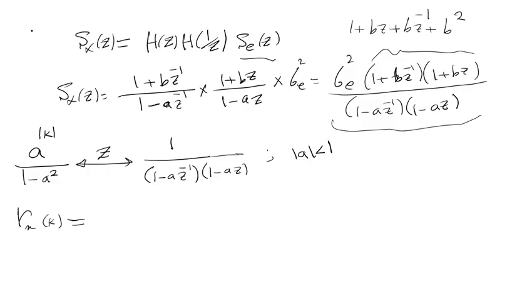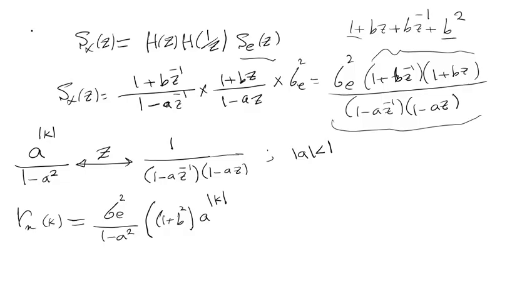R_x(k) is sigma squared e over 1 minus a squared, and the first term 1 plus b squared multiplied by a power of absolute value of k.